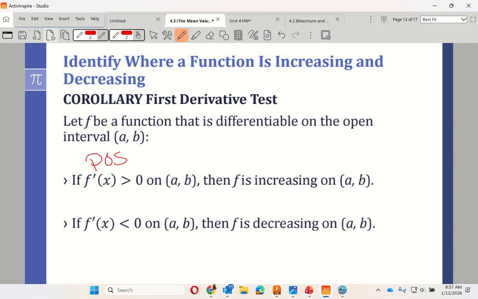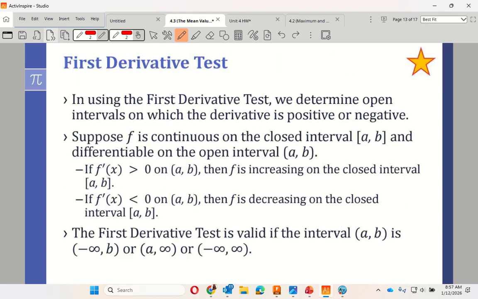If f prime of x is less than 0, those are negative, then it's decreasing. So we're just going to make another line and actually show my slopes. That's the first derivative test.